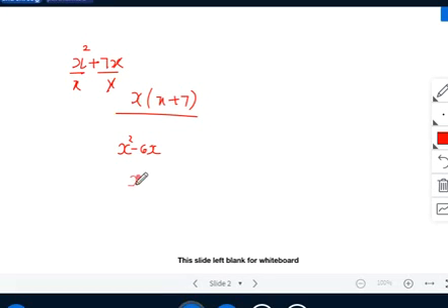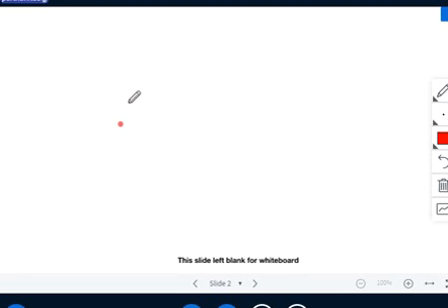So outside it's x, and inside it's x minus 6. Now look at this one. 6x squared minus 9x squared.